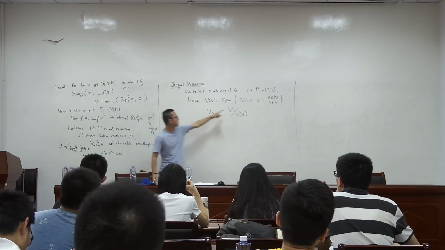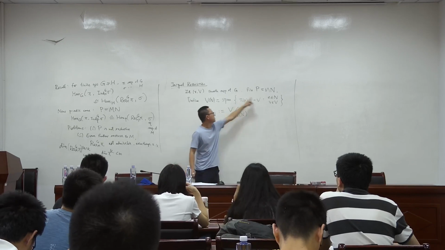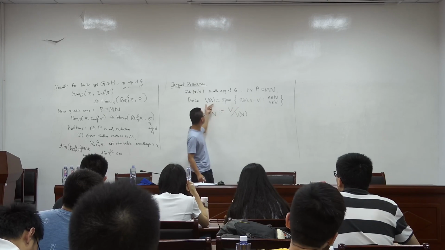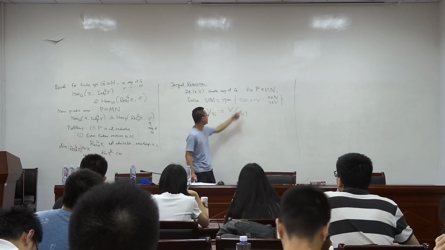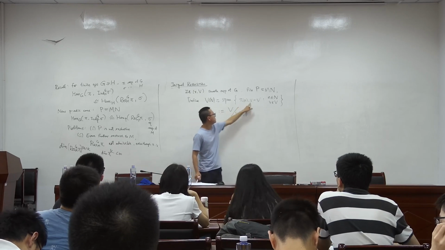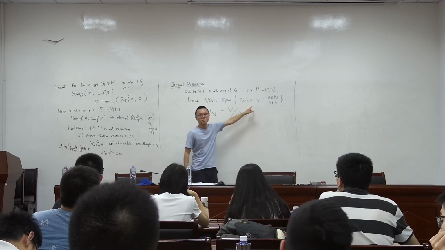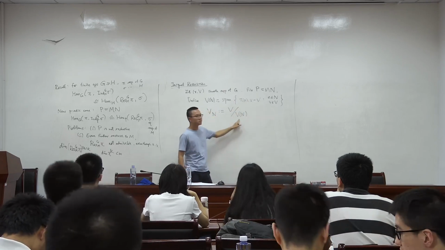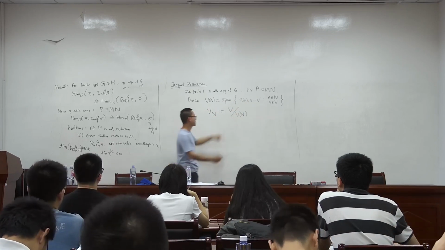I artificially mod out all these vectors. If I quotient out this V(N), then any n action on this quotient maps a vector to itself. These kinds of vectors go to 0. So N acts on it trivially.